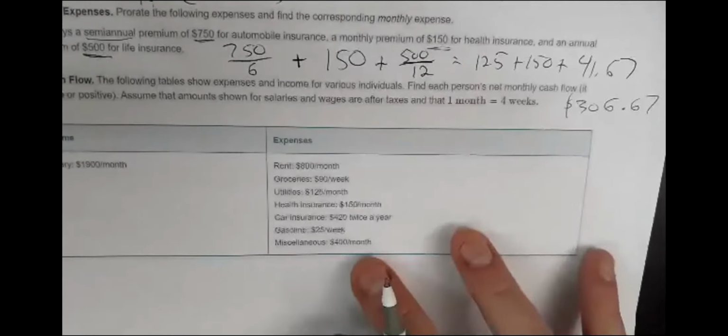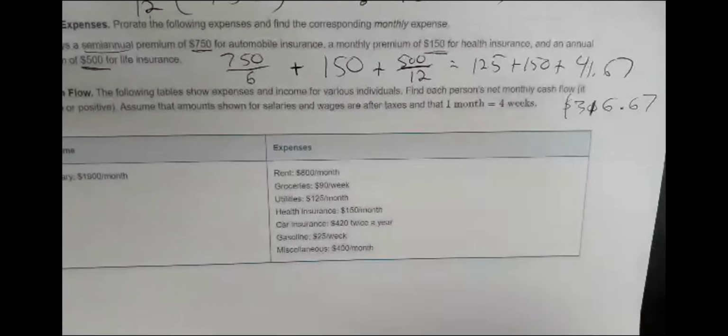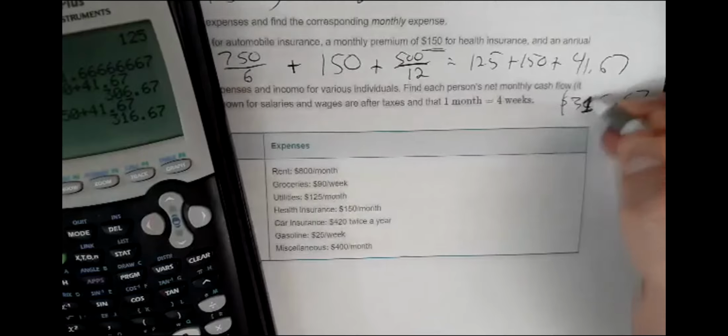Is that where I'm at? I'm off by it. 316 or 306? What did I do on my calculator? 125 plus, yep, 150. Got it. Typed in the wrong number, so that helps. Yeah, it should be 316.